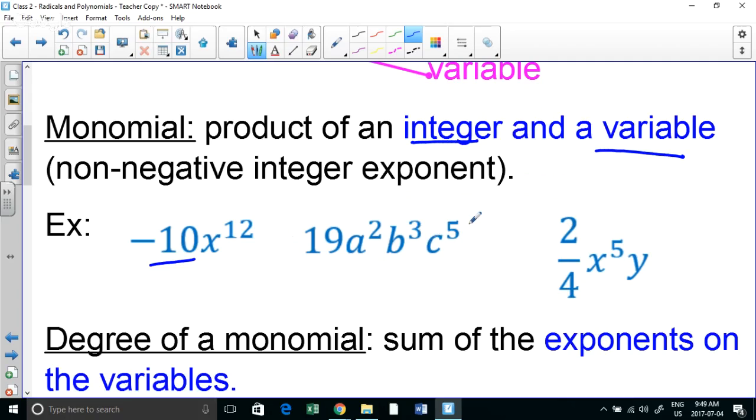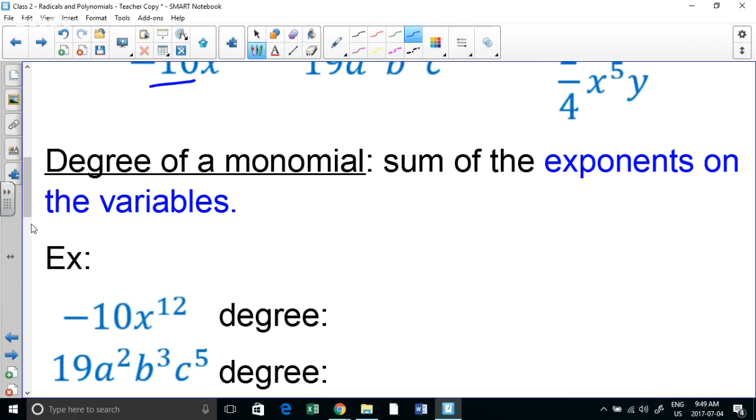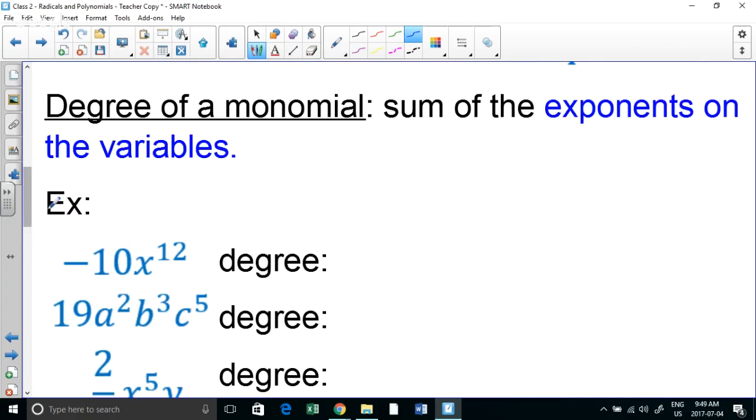14 b cubed c to the 5 is a monomial because it's one term without adding or subtracting. So there are multiple variables. Here you have 2 over 4 x to the 5y, so 2 over 4, this can work, okay? The degree of a monomial is the sum of the exponents on the variables.